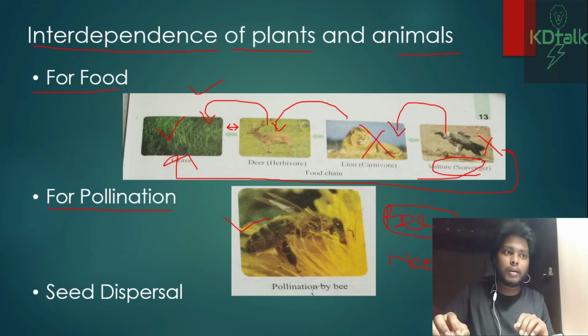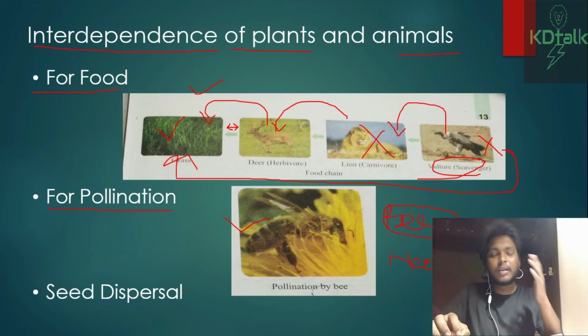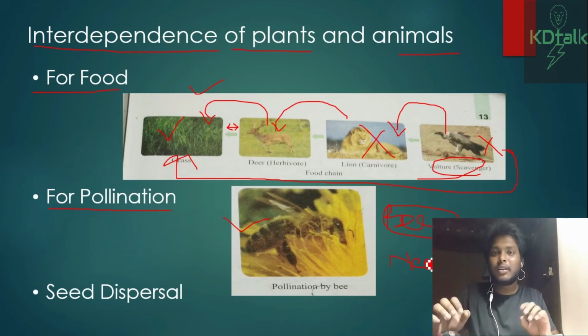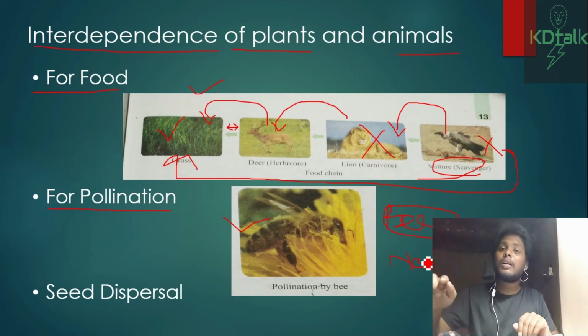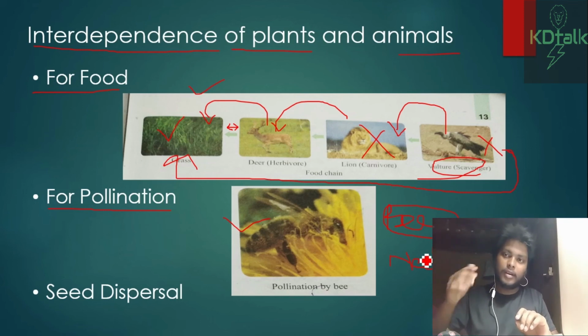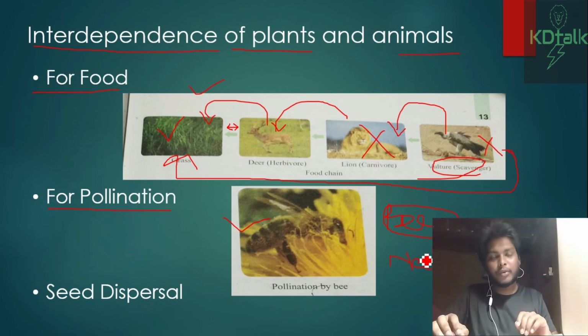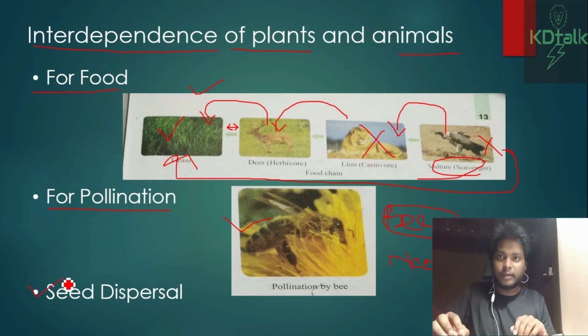So they will come and sit on the flower, and the pollen grains will stick to the legs and wings of the pollinator. When the pollinator flies and sits on another flower, the pollen grains will fall on that flower. In this process, pollination is happening.